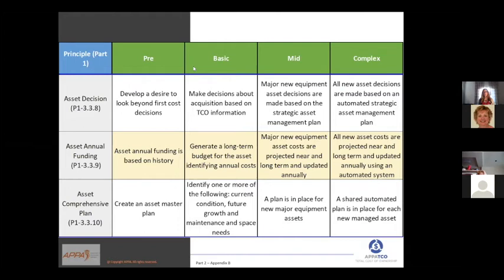And we talked about how to do that with some of our data, whether that's estimates or aggregate, and then all the way to our complex implementation, where those new asset costs are projected near and long term, and they're updated annually using an automated system, or semi-automated system, because nothing is totally automated, right?